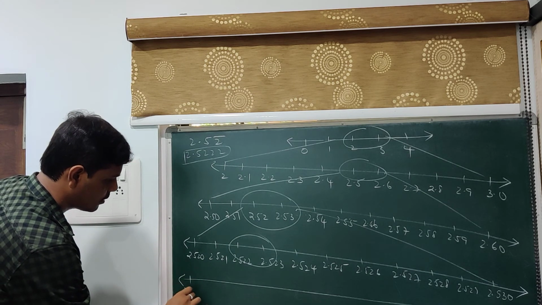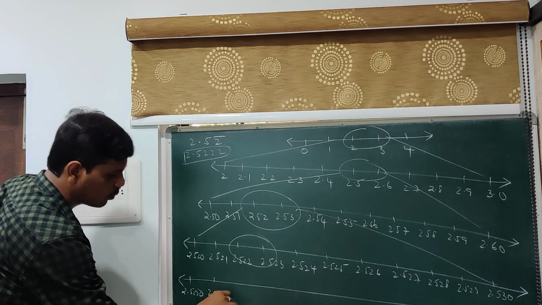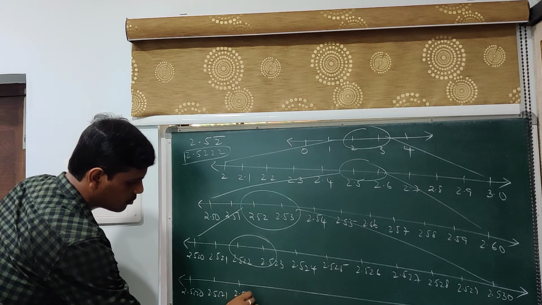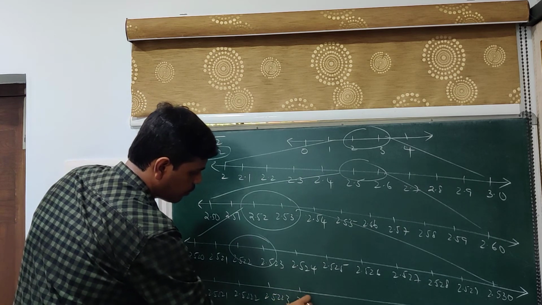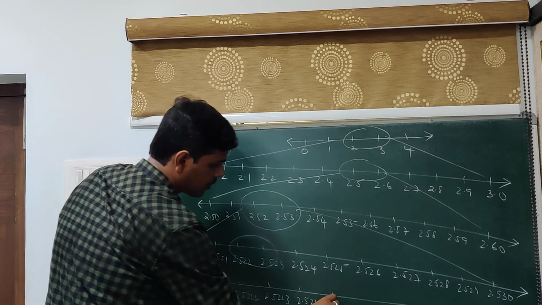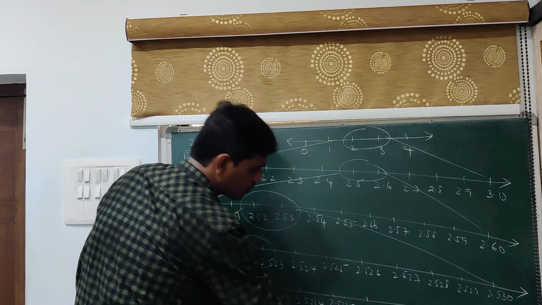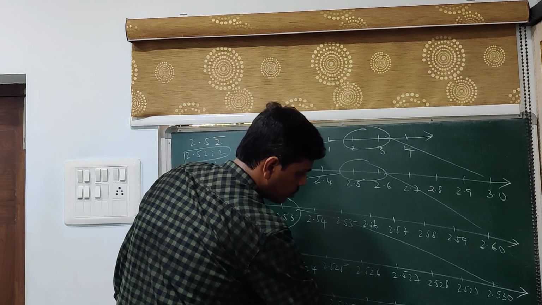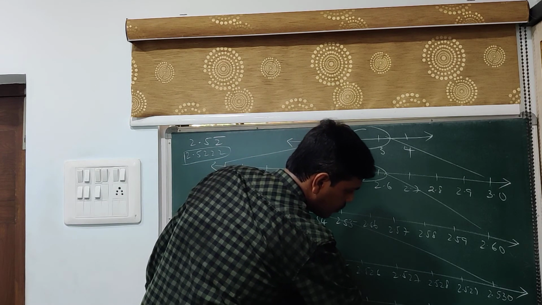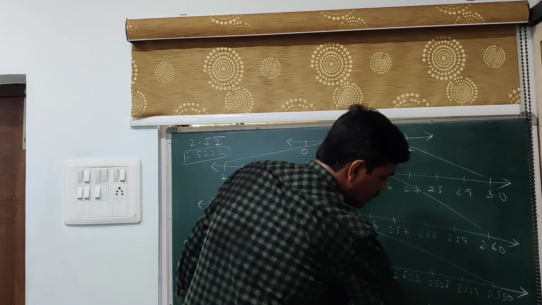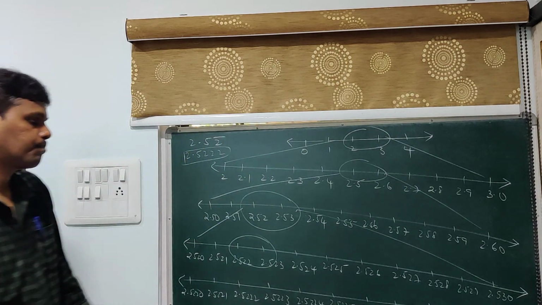So this is 2.5220, 2.5221, 2.5222, 2.5223, 2.5224, 2.5225, 2.5226, 2.5227, 2.5228, 2.5229, 2.5230.